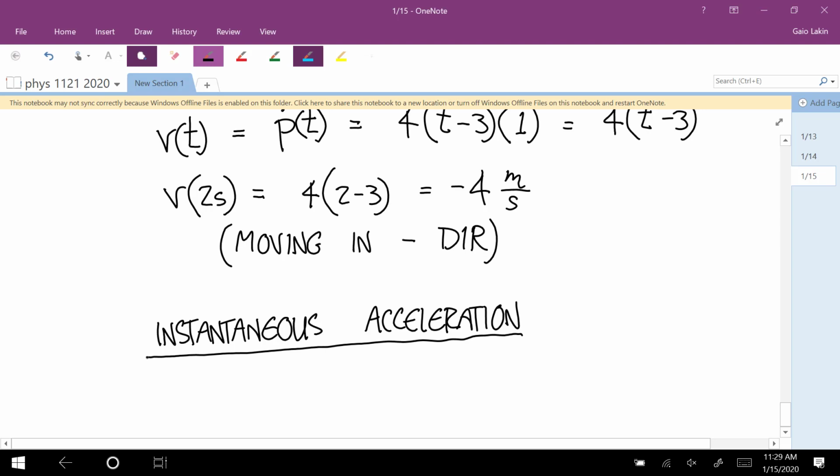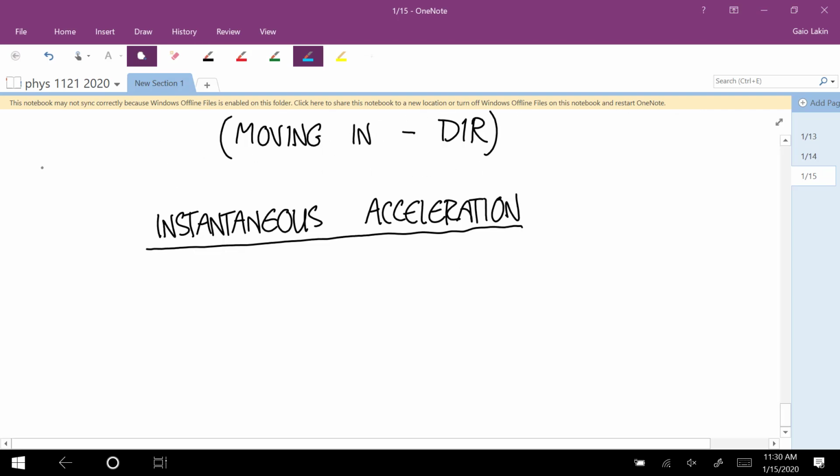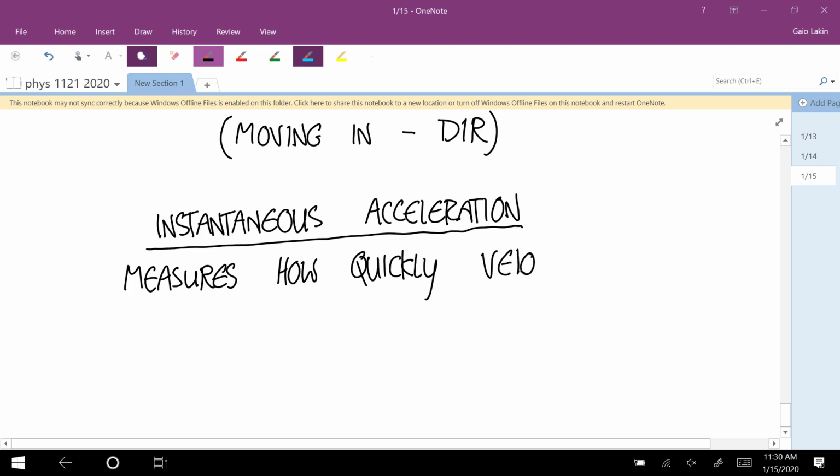Just like velocity is a measurement of how quickly the position is changing, the acceleration is a measure of how quickly the velocity is changing.